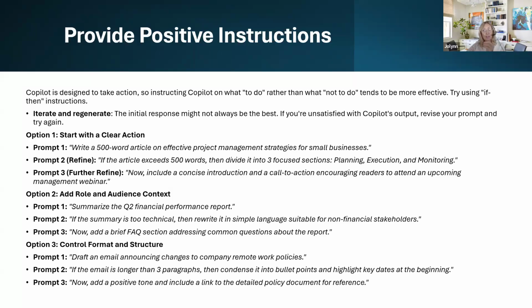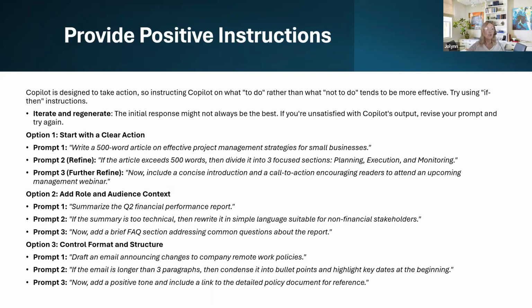But then if you add in the role and the audience context by saying things like summarize a Q2 financial performance report. If the summary is too technical, then write it in a simple language suitable for non-financial stakeholders. So we're basically stating the people that are going to be reading this are non-financial stakeholders.